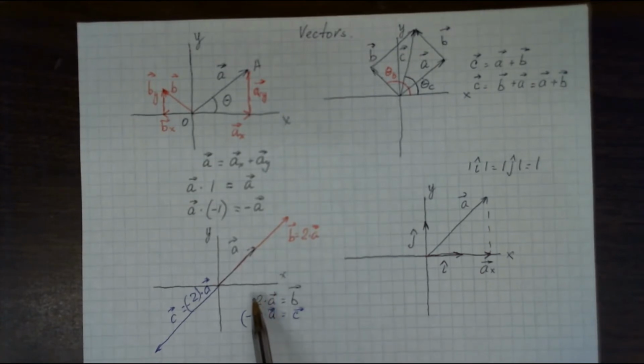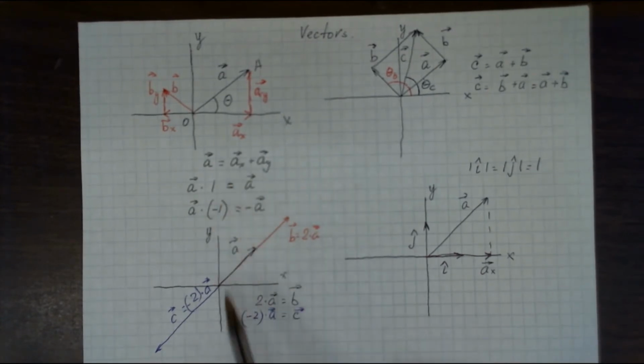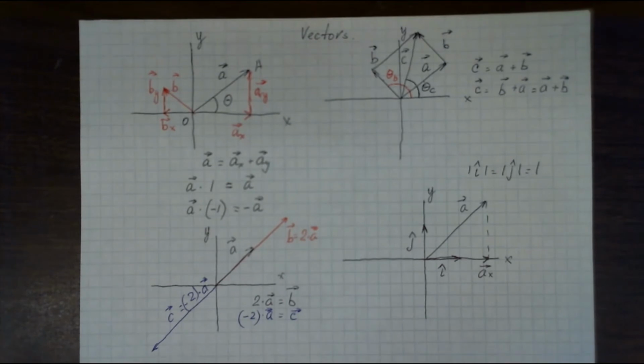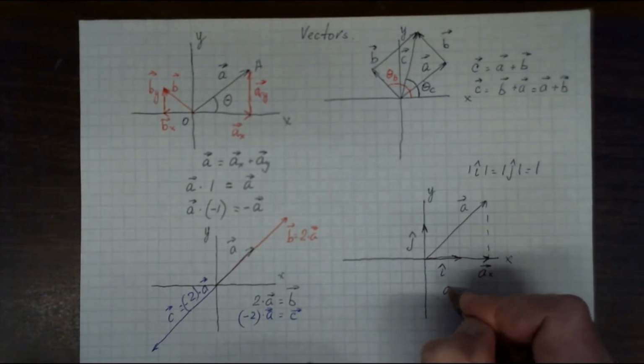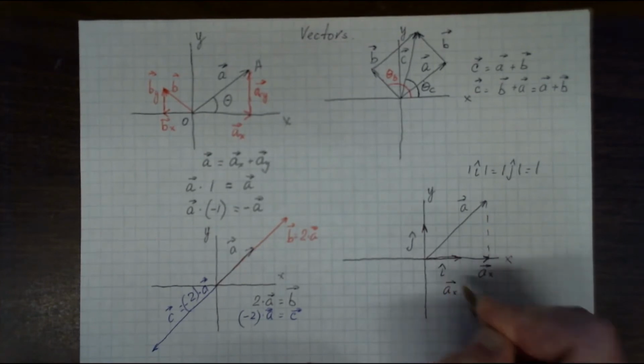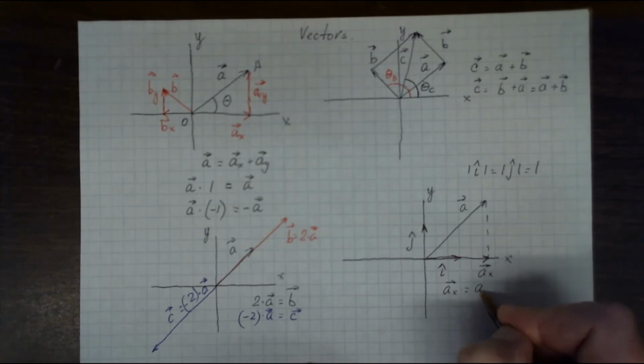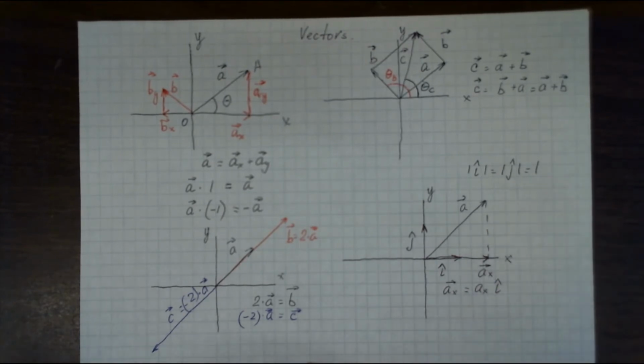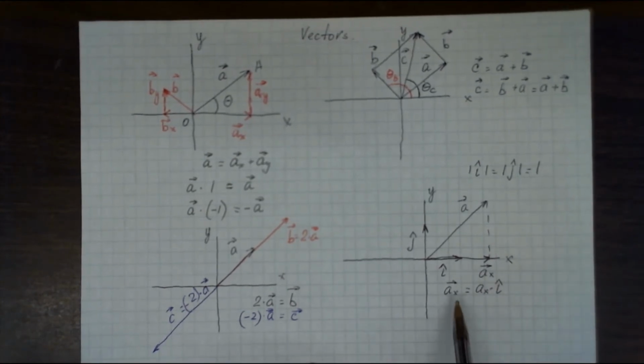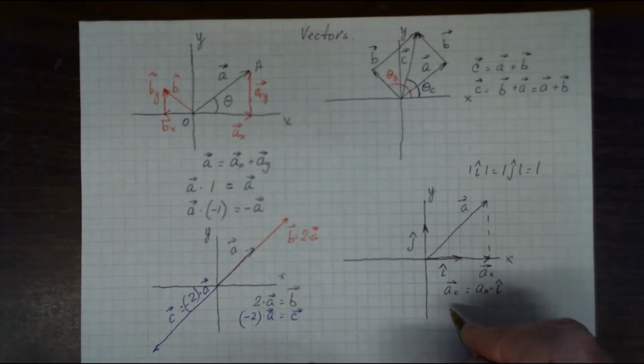According to what I just said, and according to this definition of multiplying a vector by a number, I can always write that A of x vector is nothing but A of x magnitude times unit vector i. This is the so-called unit vector representation of vector A of x.